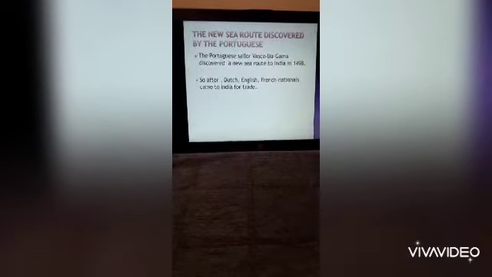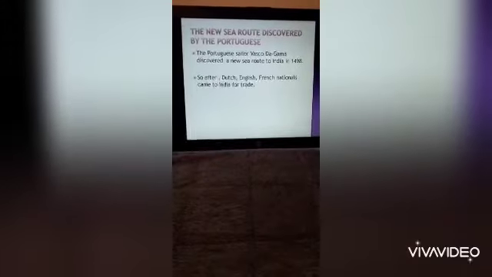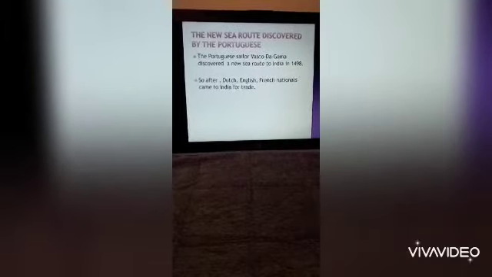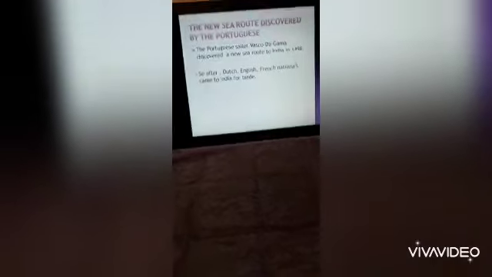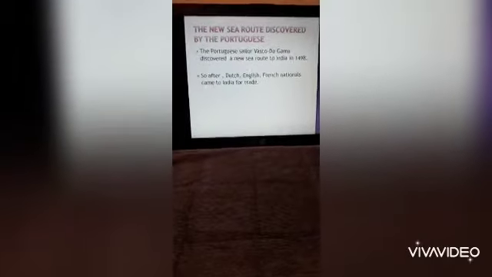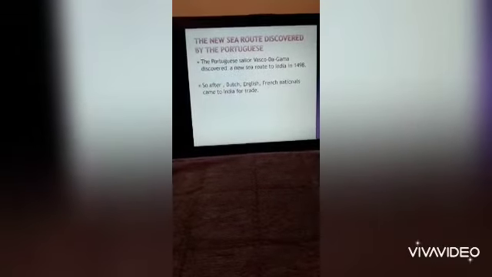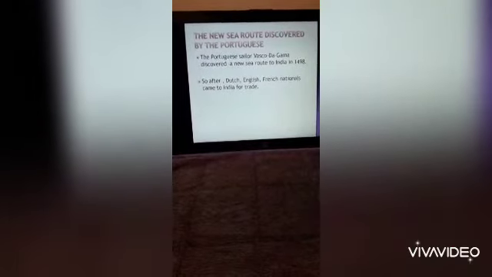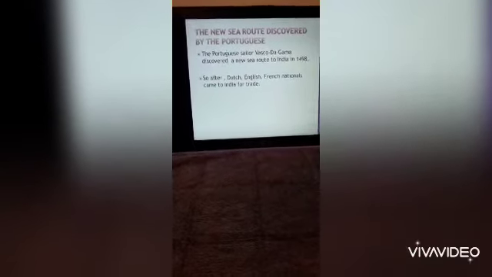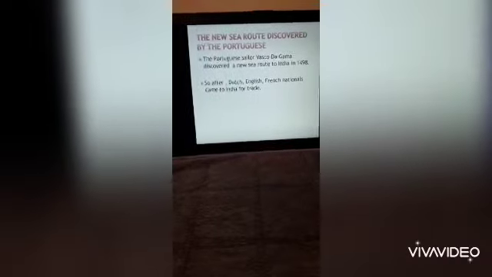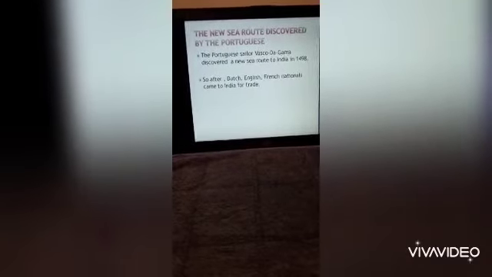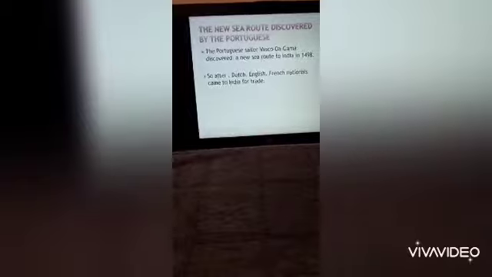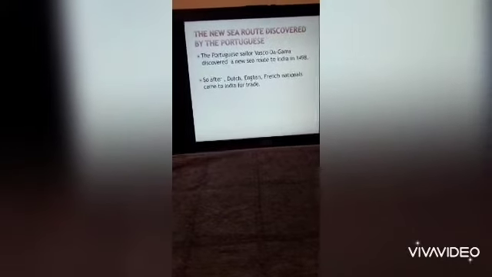Now, the next topic is the new sea route discovered by the Portuguese. As you know, students, India had enjoyed an incomparable position in world trade. There was a huge demand for Indian spices, indigo, and silk cloth in European countries.